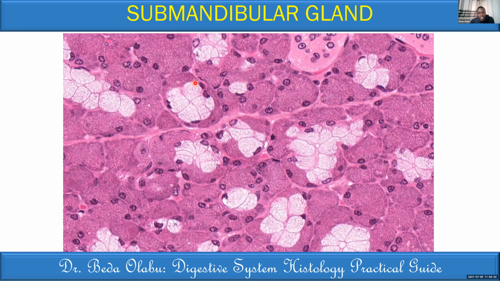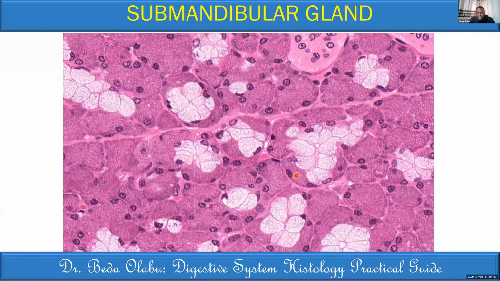This serous cell somewhat looks like the crescent moon around the mucus acini. You can appreciate them even on this one, or even on this one. We have some serous cells which form something like a crescent moon on the periphery of a mucus acinus.